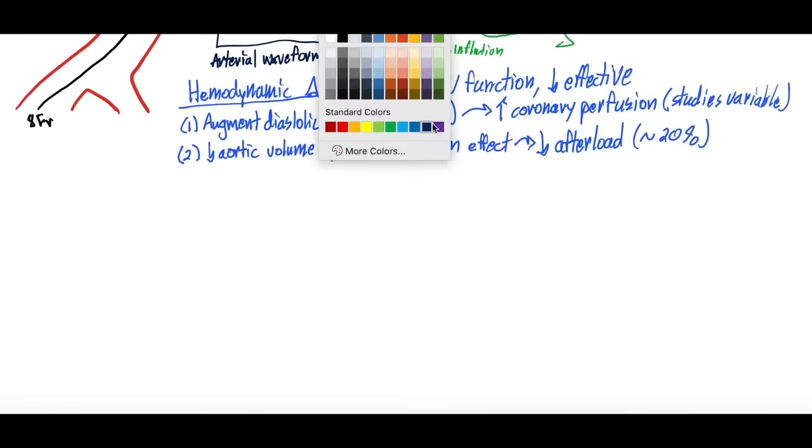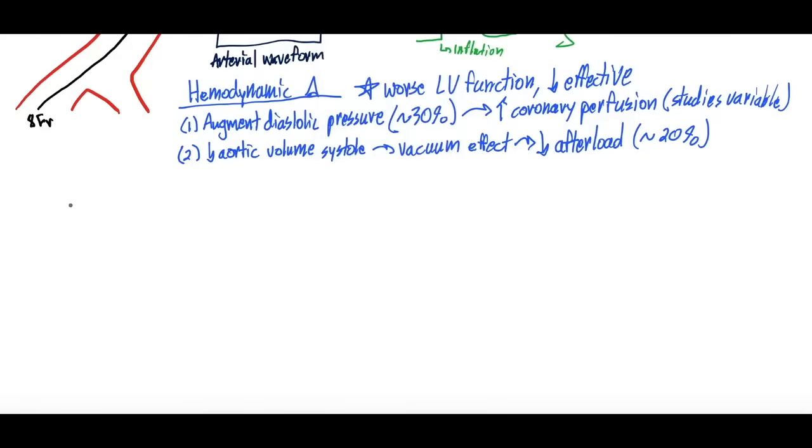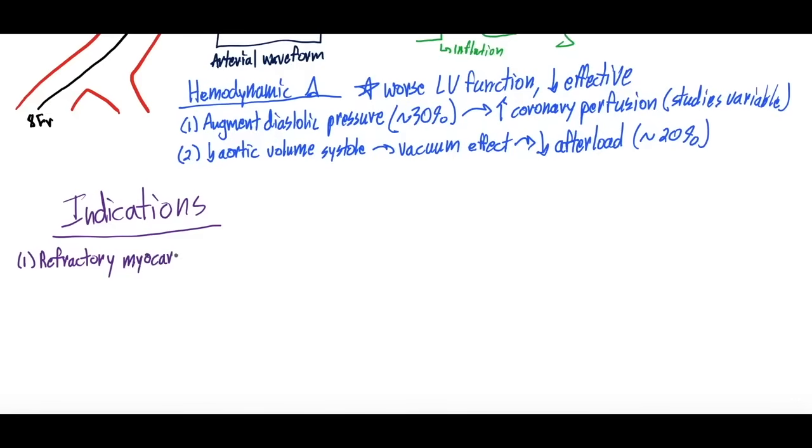Okay, so you have your intra-aortic balloon pump. What are the indications? Well, we can think of the indications based on the function, the hemodynamic changes that occur with it. So if you have refractory myocardial ischemia, what does that mean? That means your heart isn't getting enough coronary perfusion and you have refractory ischemia.